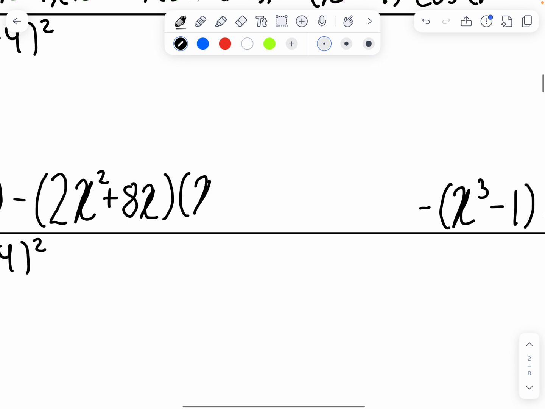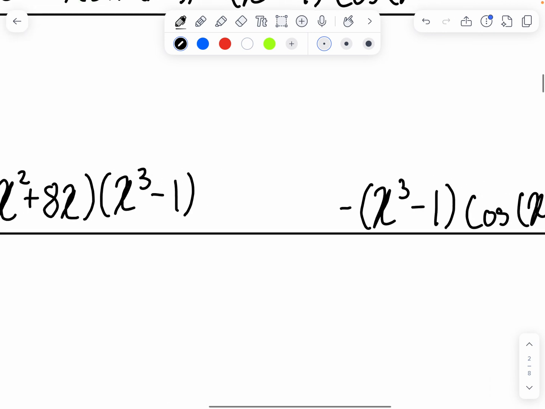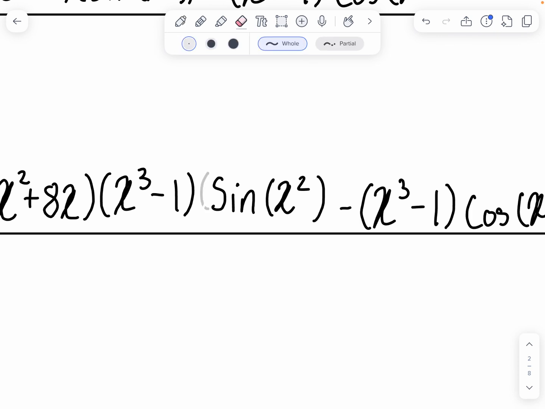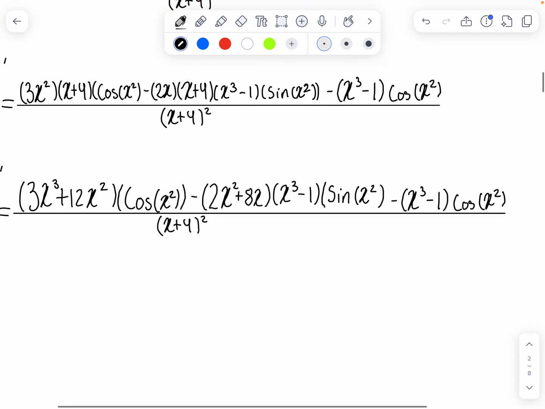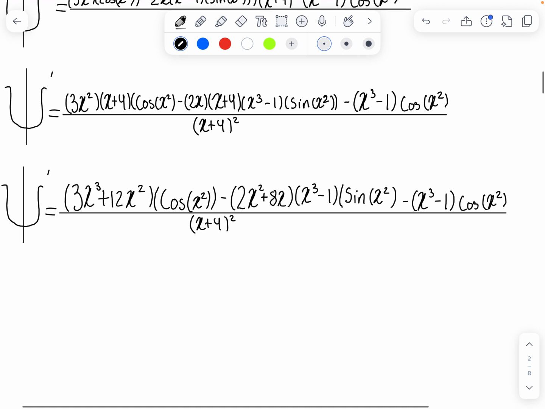Times x cubed minus 1 times sine x squared. Making sure everything is correct.